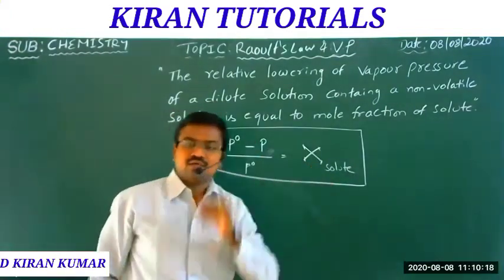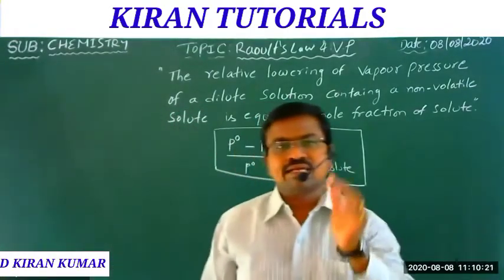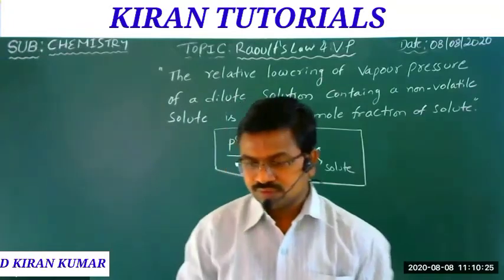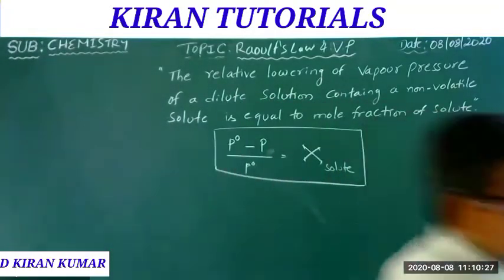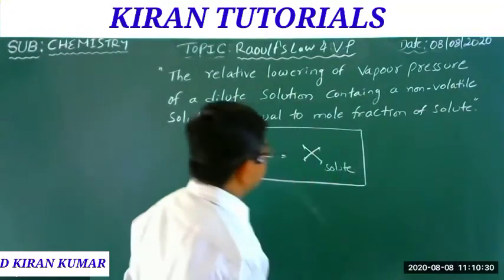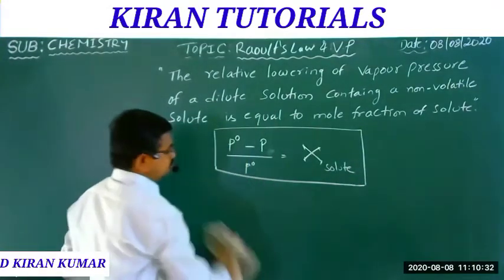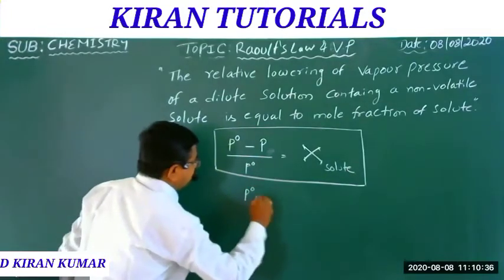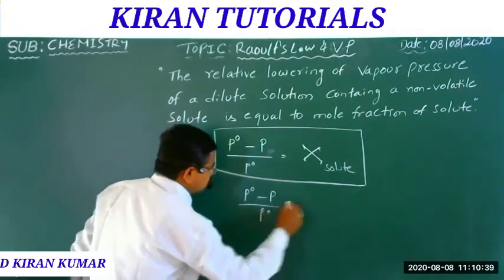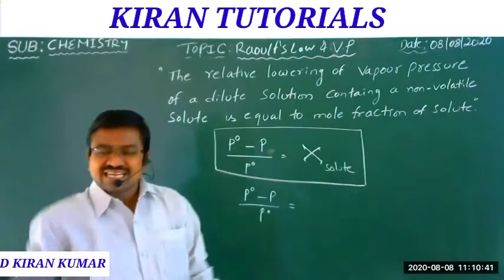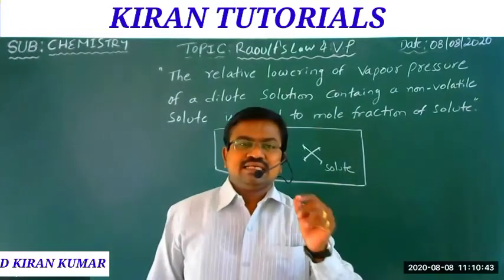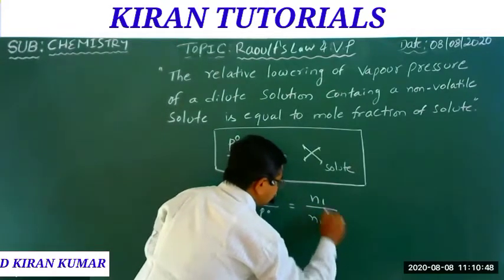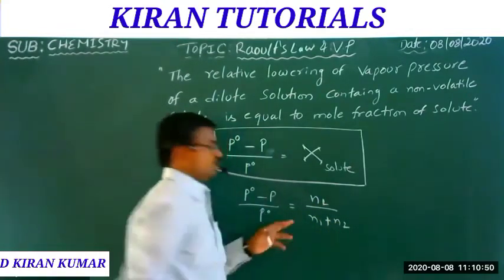How are we going to calculate the mole fraction of a solute? Therefore, P naught minus P by P naught is equal to the mole fraction of the solute, nothing but N2 by N1 plus N2.